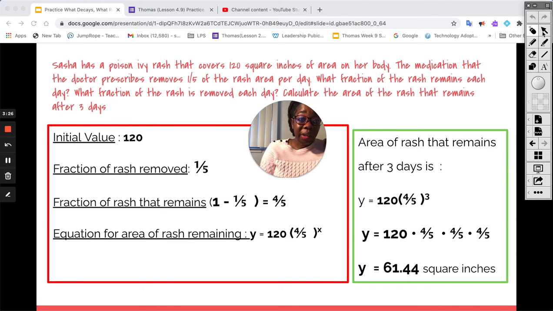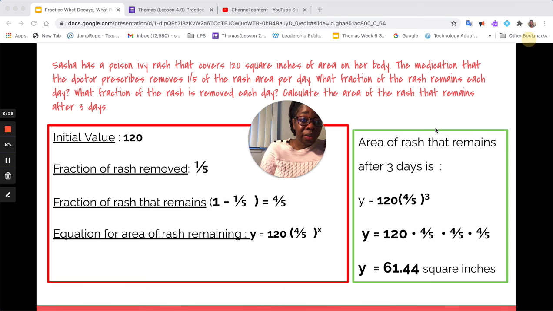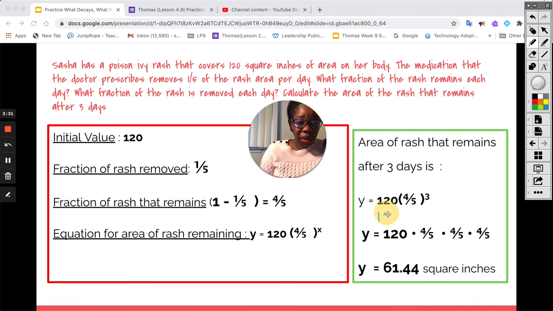So as I was saying, the way you do this in your calculator would be, you could do 120 times 0.8 times 0.8 times 0.8, and you're going to end up with 61.44 square inches. So that's the size or the area of the rash that remains.